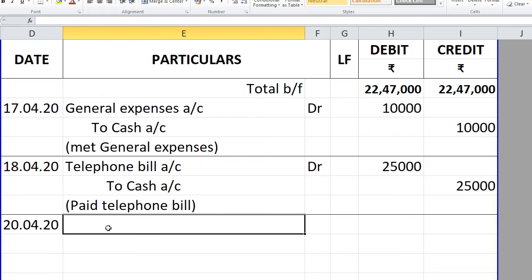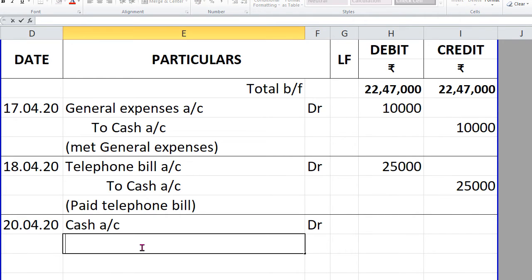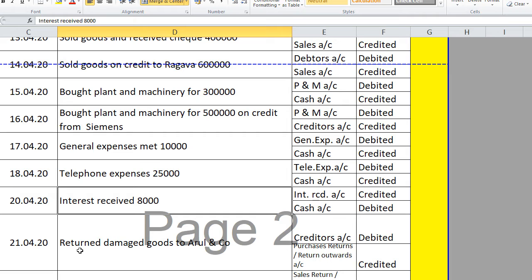2420, cash account, debtor, to interest received account. Even if you simply write interest in the credit column, it obviously means it is interest received, but it is better to be on the safer side, mention it as interest received. So how much did we receive? 8,000.